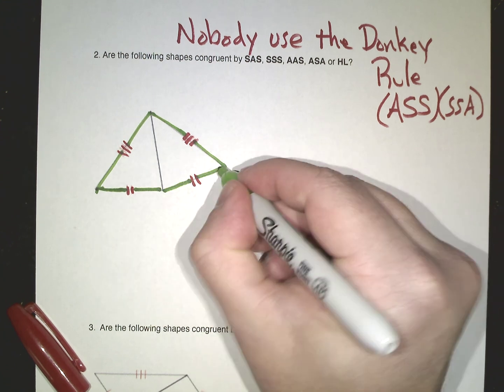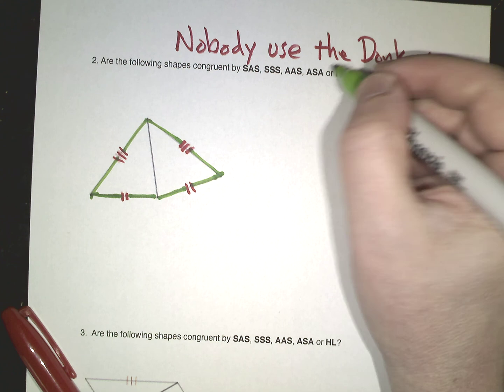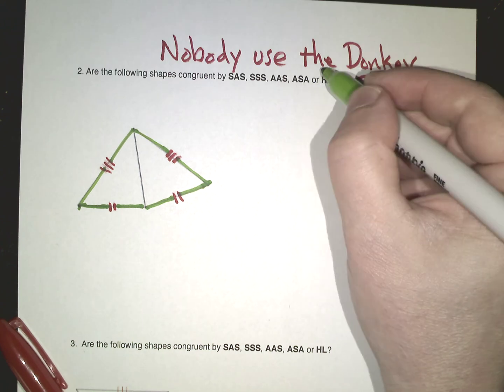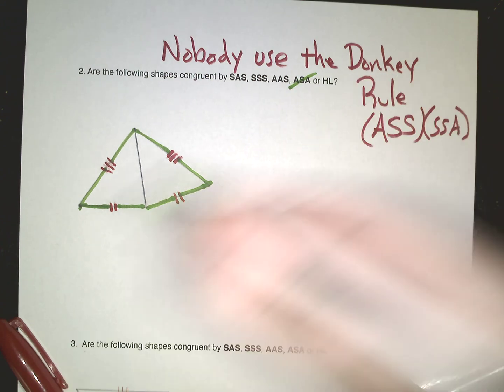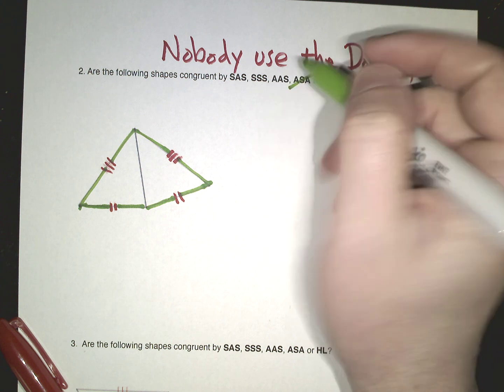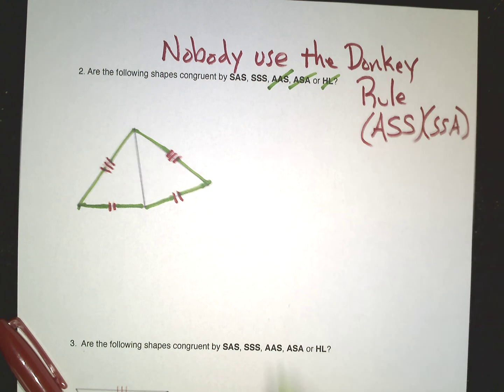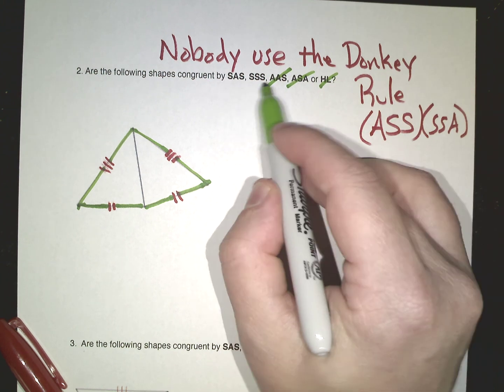So these 2 sides are the same. So I have SS. Now at this point, I can eliminate some of these. ASA only has 1 S in it. HL only has 1 S in it, so to speak. AAS only has 1 S in it. So it's either SAS or SSS.